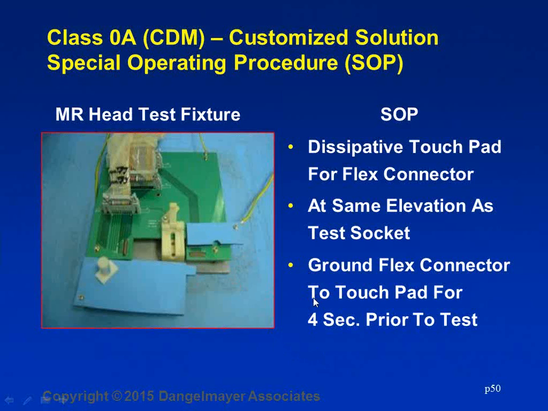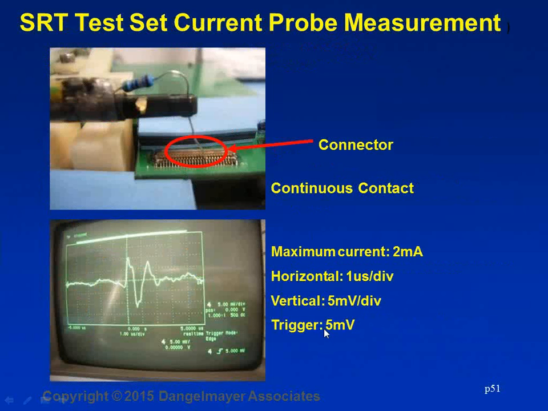In fact, this brought the yields back to 100% or close to it at this test set. Later, operators started cutting corners a little bit, not waiting the full 4 seconds. Failure rates started to creep back into the process, and that's when a formal standard operating procedure was put in place to guarantee that 4 seconds took place.